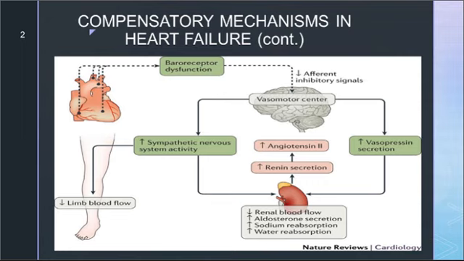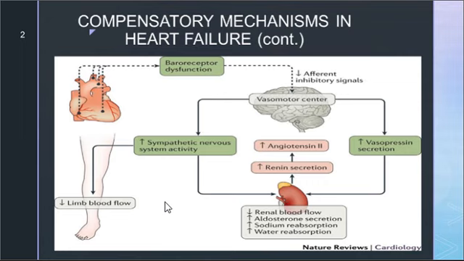Okay, some more compensatory mechanisms. The decrease in cardiac output stimulates the sympathetic nervous system and releases catecholamines. The natriuretic peptides, ANP and BNP, are vasodilators.